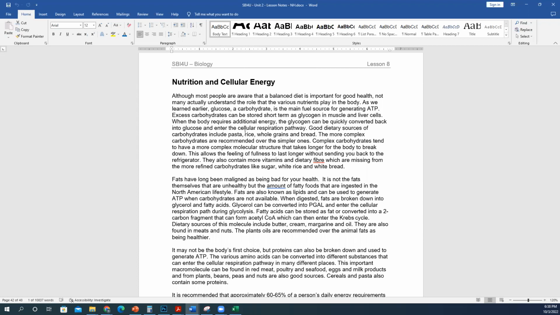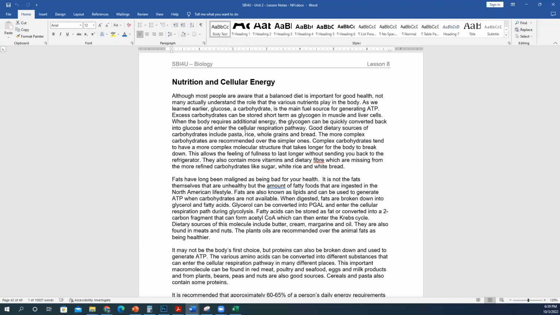And good dietary sources of carbohydrates are all the things you are typically familiar with: pastas, rice, whole grains, and breads. These all have carbohydrates in them. The more complex carbohydrates are the ones that are recommended over the simpler ones.